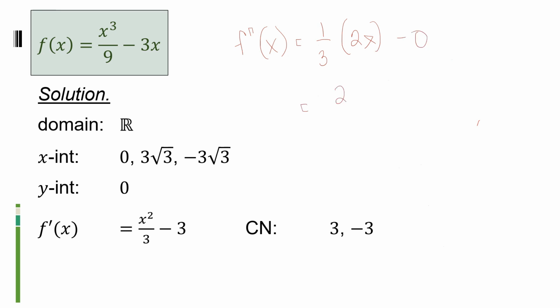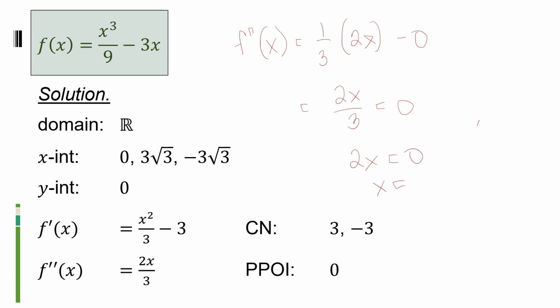So that is now 2x over 3. And our possible point of inflection is equal to 0. Why? Kasi isi-set lang natin to, second derivative into 0. So we have 2x equals 0 or x equals 0. So, yun yung ating possible point of inflection.